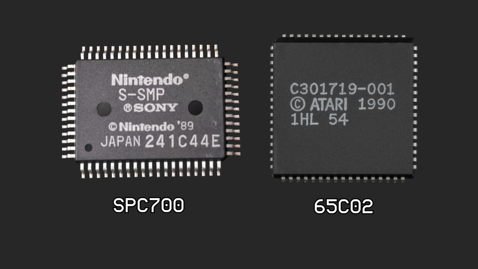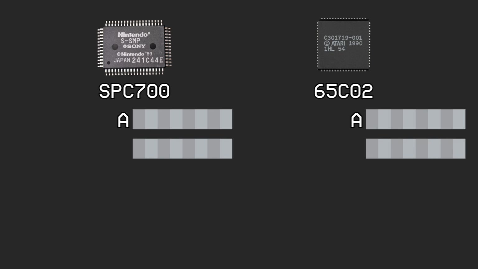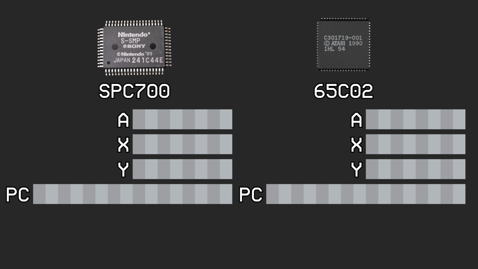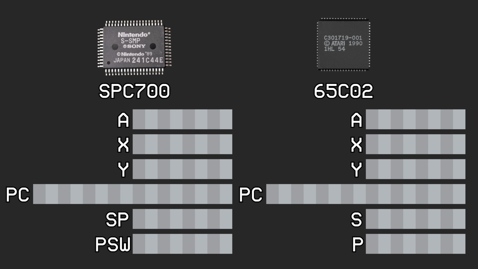Before comparing the instruction sets, let's look at the CPU's registers. The 65C02 and SPC700 both have 6 registers: an 8-bit accumulator A, 2 8-bit index registers X and Y, a 16-bit program counter, an 8-bit stack pointer, referred to as S in the 6500 series and SP in the SPC series, and a status register, referred to as P by the 6500s and PSW by the SPC, short for Program Status Word.